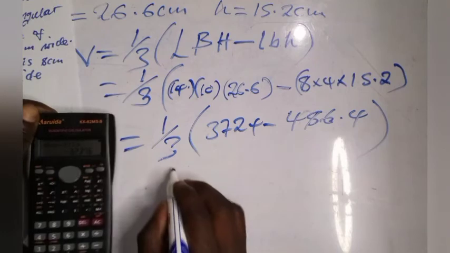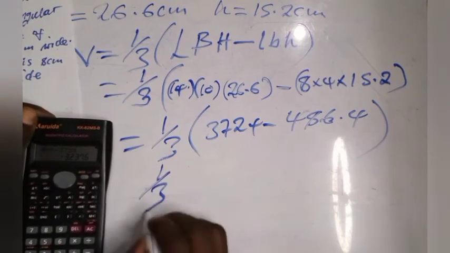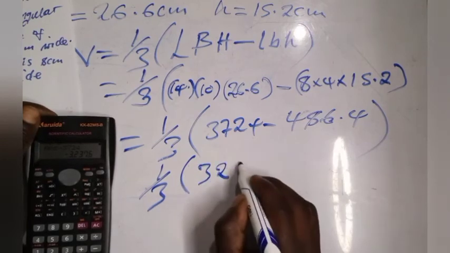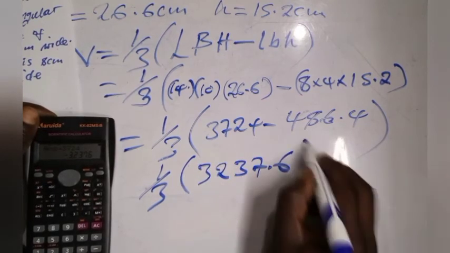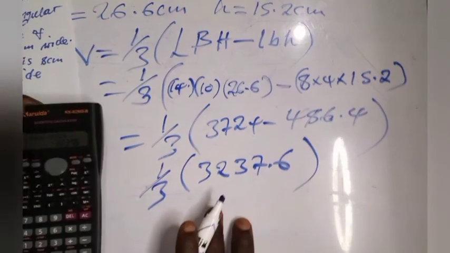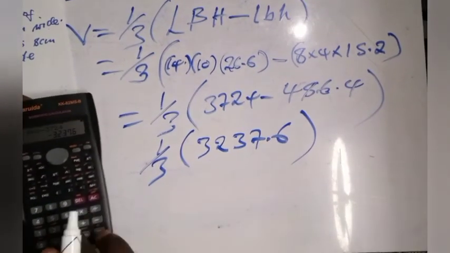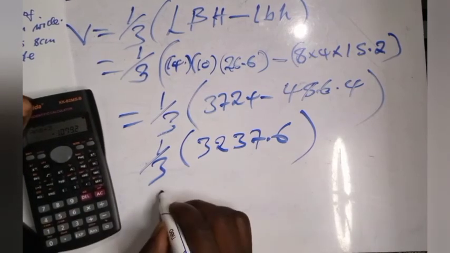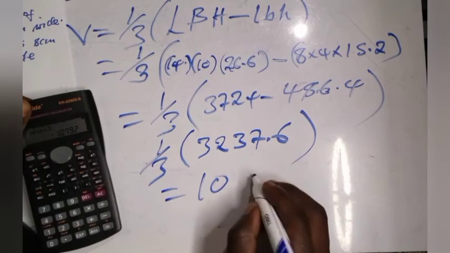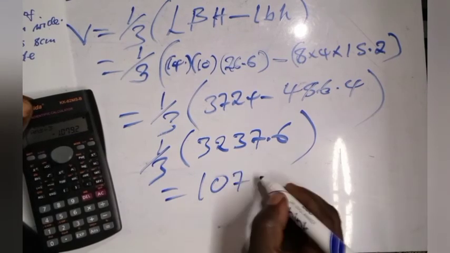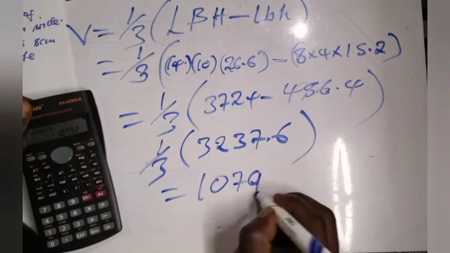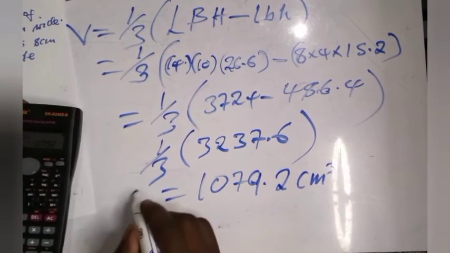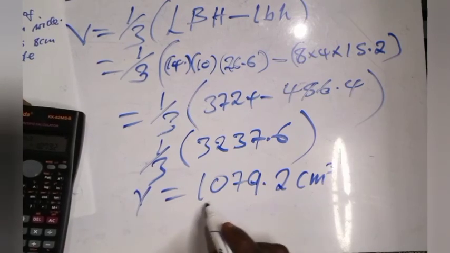Then we have 1/3 open, we have 3237.6. So let's divide this number by 3. If you divide by 3, we are going to remain with 1079.2 cubic centimeters, because this is a volume. So we have found the volume of the frustum.